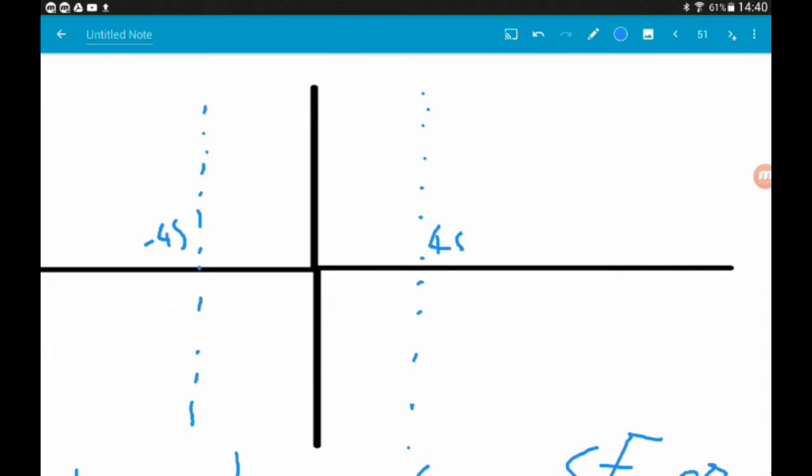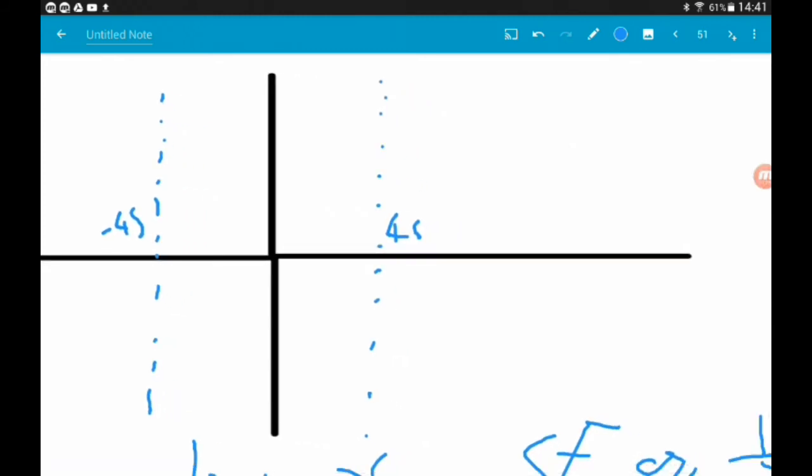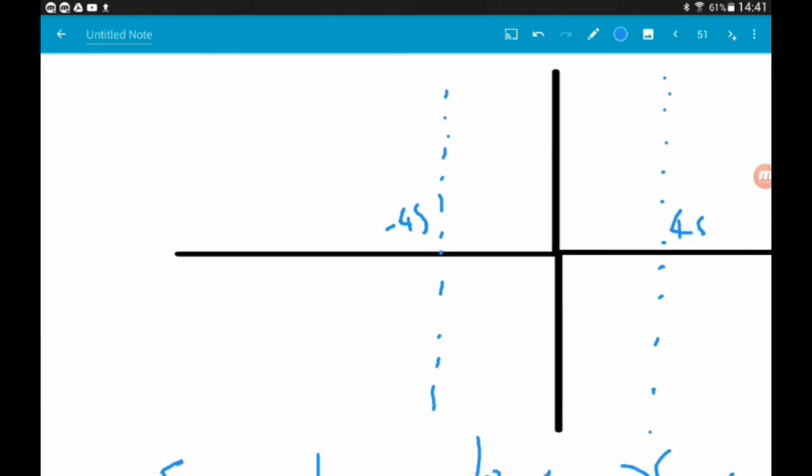On tan of theta, the asymptotes are 180 degrees apart. On tan 2 theta, they're going to be half of that distance. So half of 180 is 90. So the next asymptote is going to be at 45 plus 90, which is 135. And then we're going to have the same, but negative, down here at minus 135.